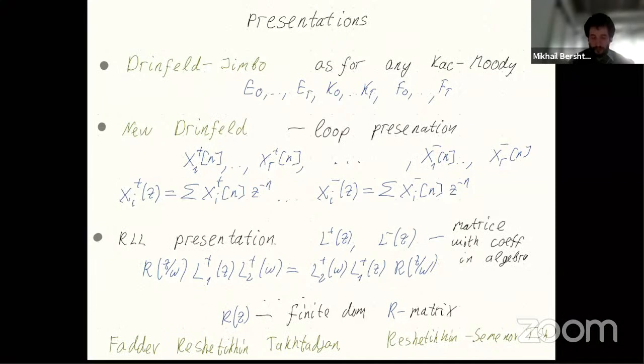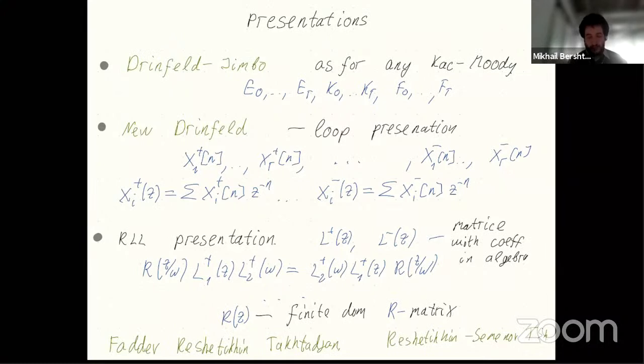The problem of proving that these presentations are equivalent, so we have one definition, another definition, is not easy. And I think if I tried to do this in full detail, it would take all the remaining time of the course.